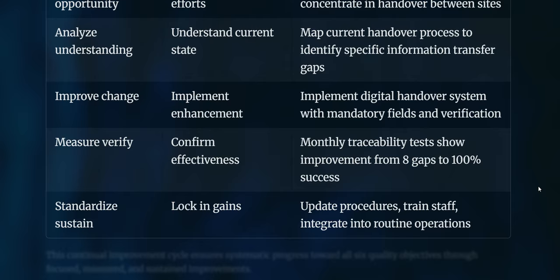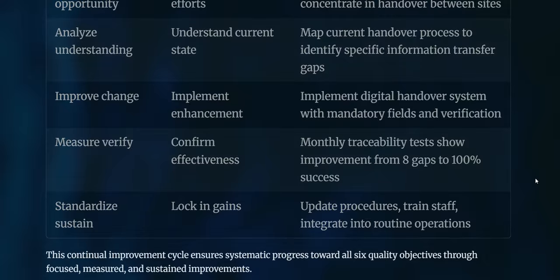The final step is to standardize and sustain the action, and the reason for that is to lock in the gains. In our example, update procedures, train staff, and integrate it into routine operation. This continual improvement cycle ensures systematic progress toward all quality objectives through focused, measured, and sustained improvement.